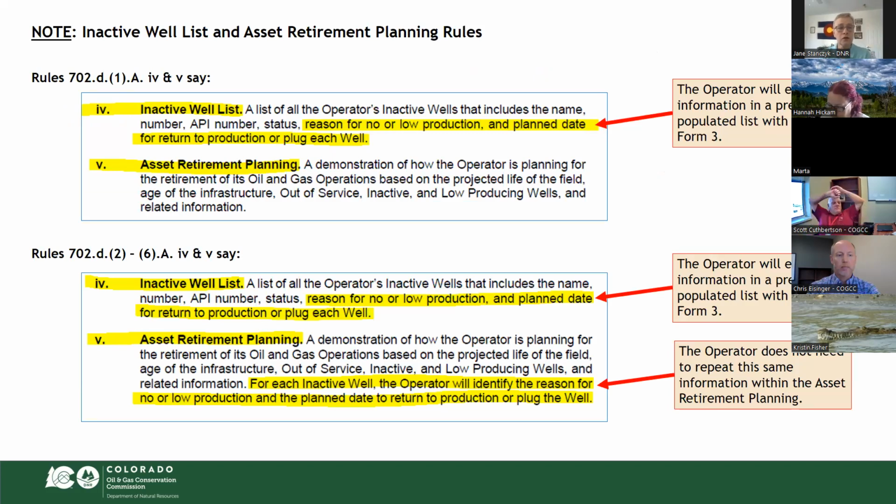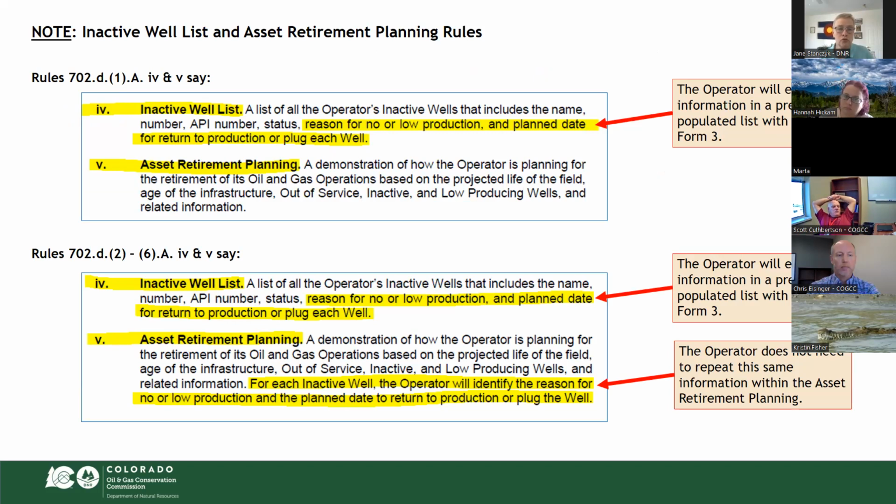So if you look at the rules where it talks about your inactive well list and your asset retirement planning, in option 1, 702D1, that's option 1. And it says that you enter the information that we've already talked about in your inactive well list.